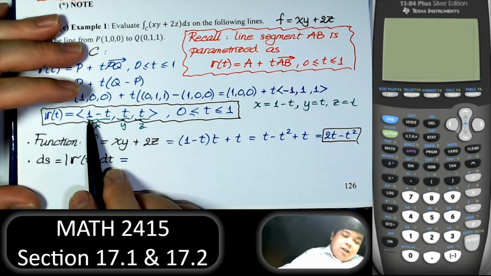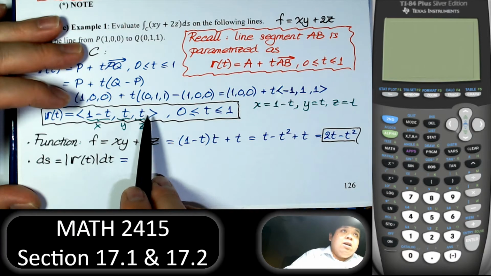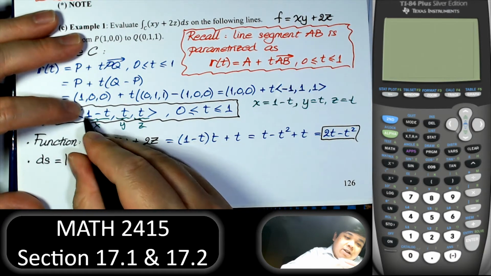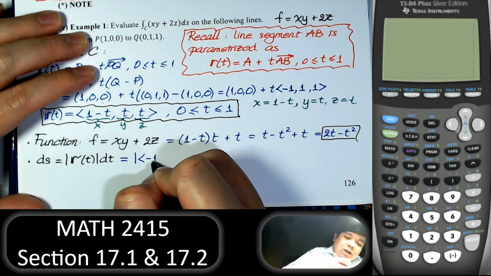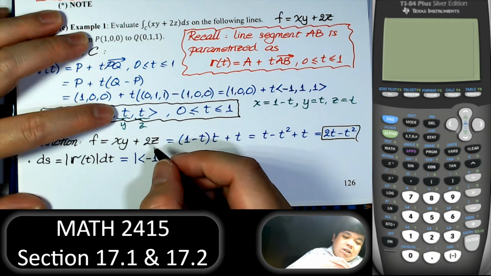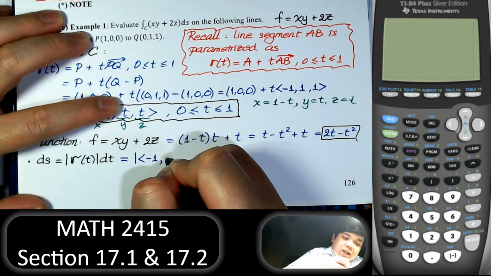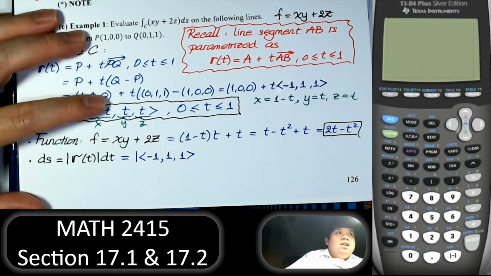This is the vector, right? So when we take the derivative of this, we get the derivative of x is -1 with respect to t, y with respect to t is 1, z with respect to t is 1. So we just have that.